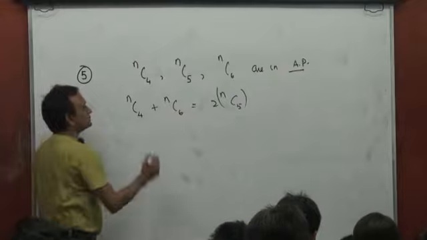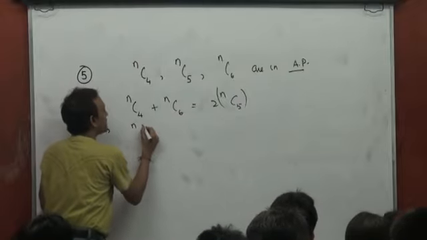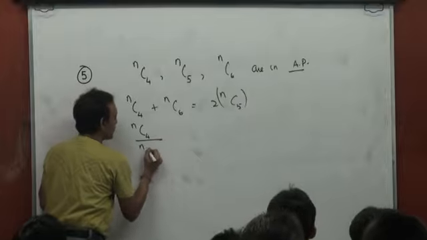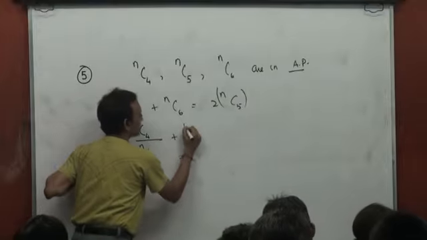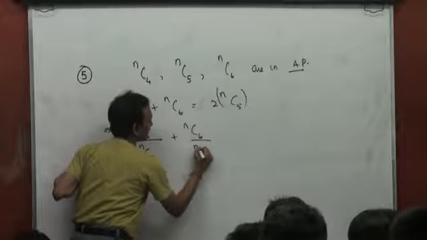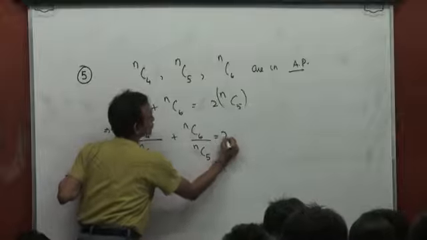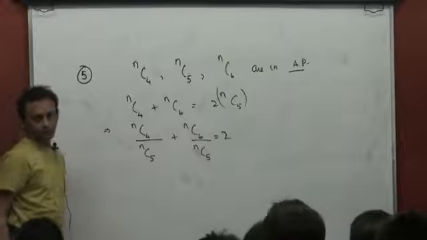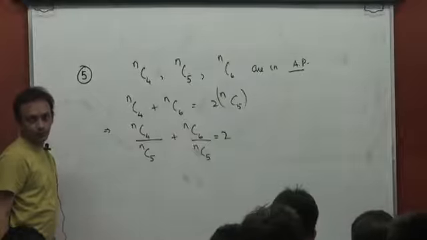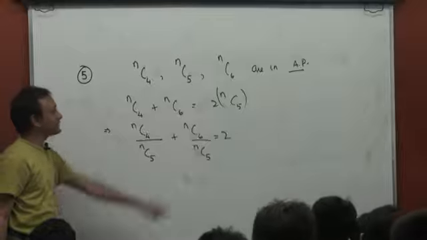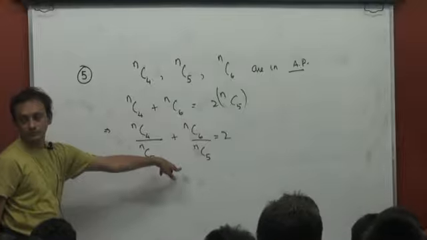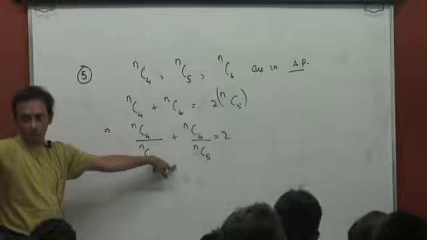Right? Which means NC4 by NC5 plus NC6 by NC5 must be 2. Dividing by NC5. Clear?